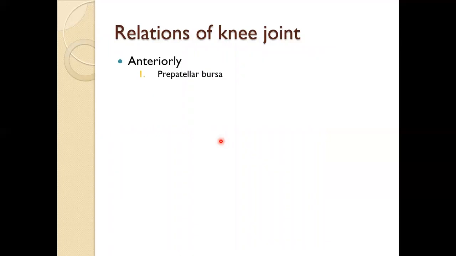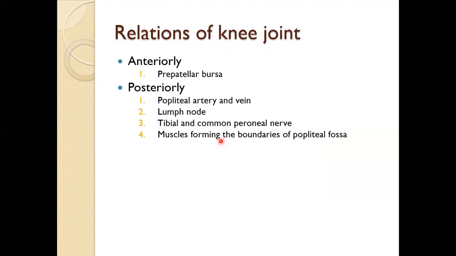Anterior to the knee joint is the prepatellar bursa. While posterior to the knee joint, we have the popliteal artery and vein, popliteal lymph nodes, the tibial and common peroneal nerves, and the muscles forming the boundaries of the popliteal fossa. So simply we can say that the popliteal fossa with its contents is in posterior relation to the knee joint.